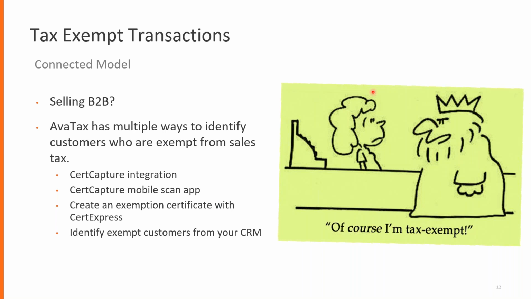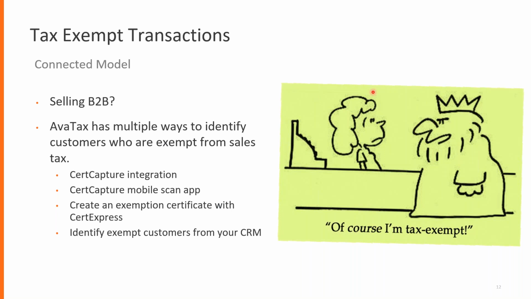Typically what we see is merchants like industrial supply houses that may do retail sales as well as having contractors come in. They're going to probably lean toward a cert capture solution because they have a lot more activity in that exempt area and accordingly a lot more exposure that they want to diminish by using automation.